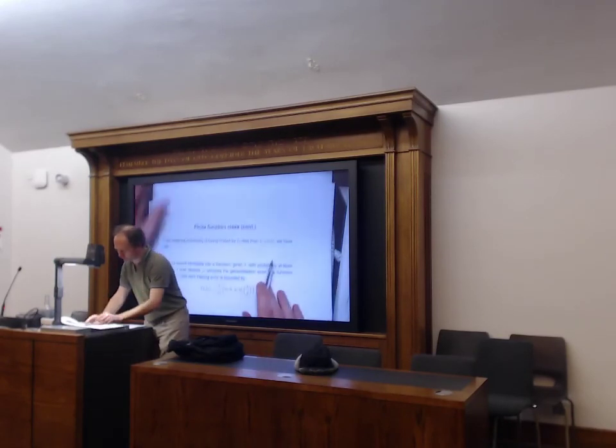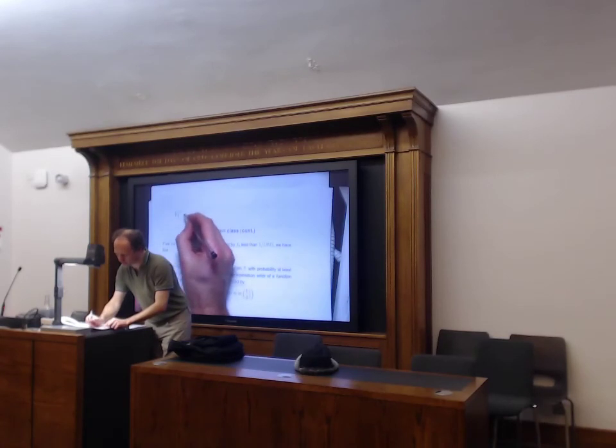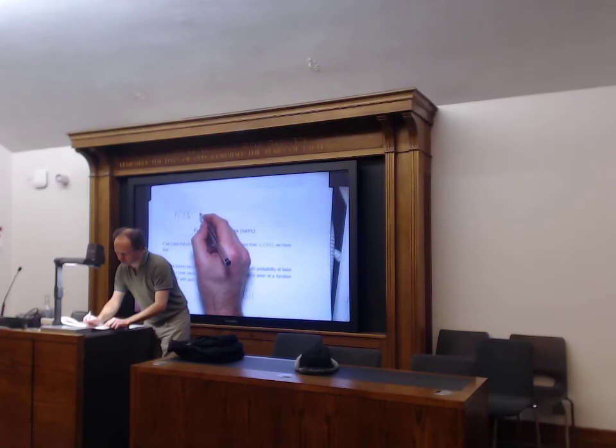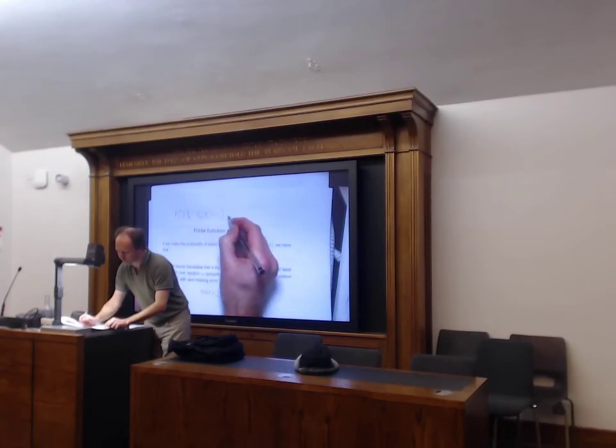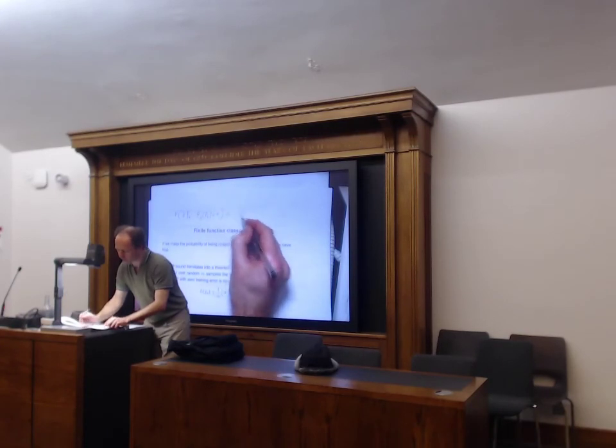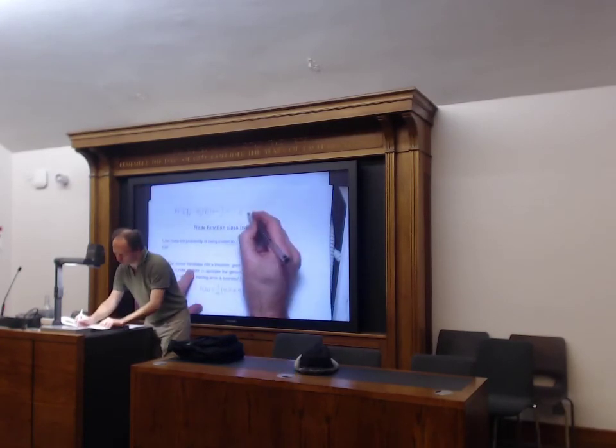Let's repeat: the probability that there is an Fn such that epsilon is equal to 0 is less or equal than n.